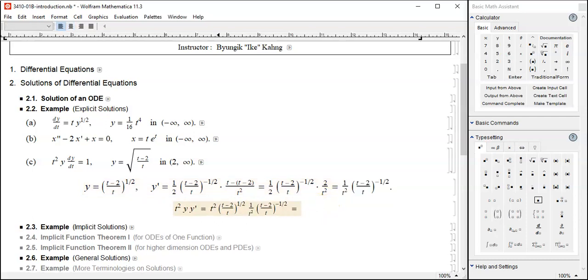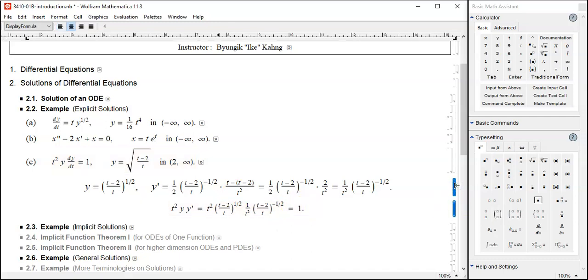And do we have cancellation? This t squared divided by t squared, okay, that's 1. That's 1/2 power, that's negative 1/2 power. They two will divide each other out, and we're going to get just 1. That's precisely what we wanted all along.